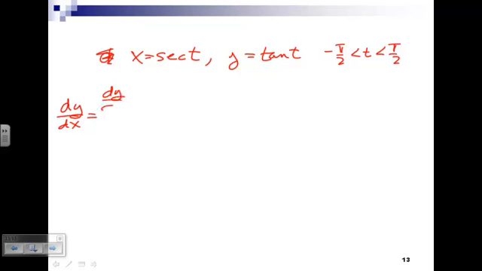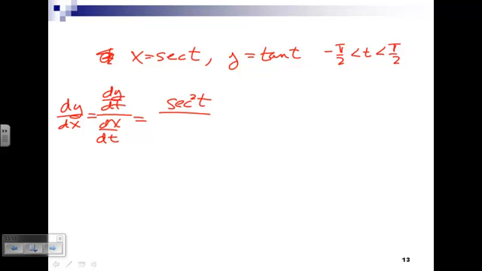So it's going to be dy/dt all over dx/dt. Should we write it as dy/dt times dt/dx? You could, and you'll see those dt's cancel. I'm doing this because when we take those derivatives, typically they're just very simple expressions anyway. So I can read dy/dt off: secant squared.